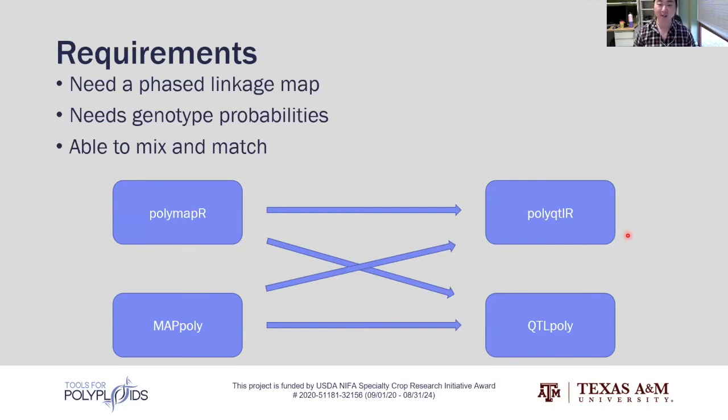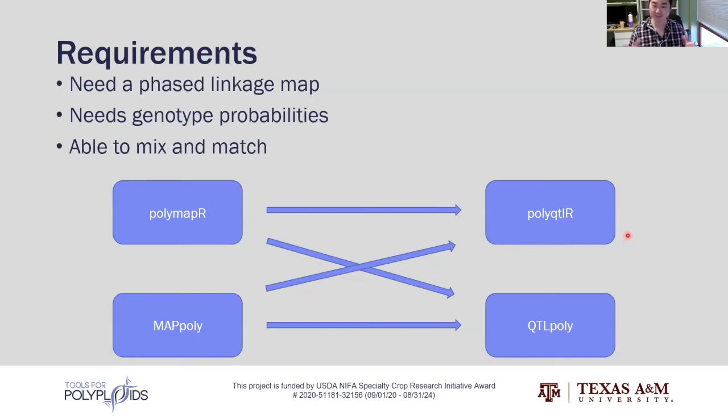And one really nice thing about these two pipelines is that they kind of talk to each other. The developers have been really good about talking to each other so that one data input type can be exported out to another type, and so on and so forth.